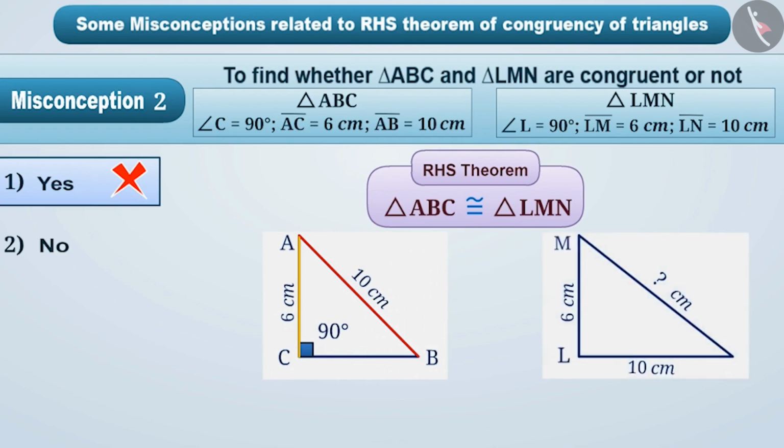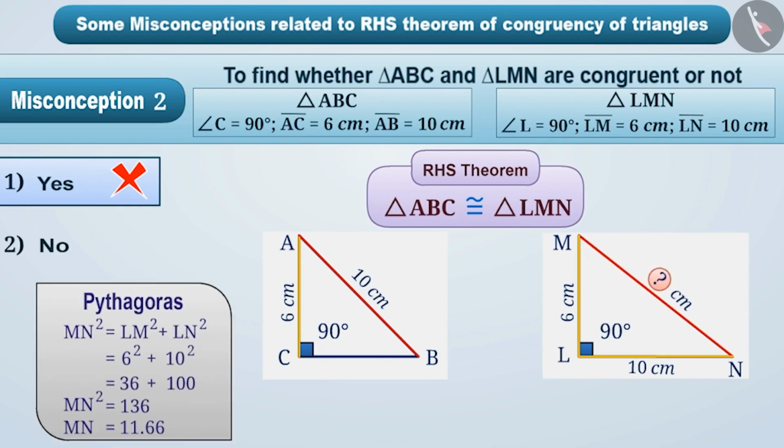Similarly, in triangle LMN, the right angle is forming at the vertex L. So we can say that both LM and LN are the sides of triangle LMN and MN is the hypotenuse of this triangle. Here we do not know the measurement of the hypotenuse. We can find it with the help of the Pythagoras theorem. Find out how this is done yourself.